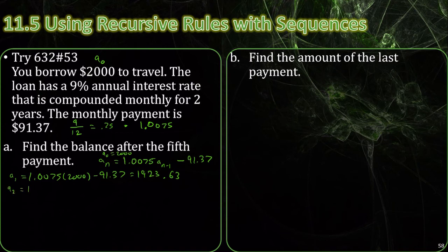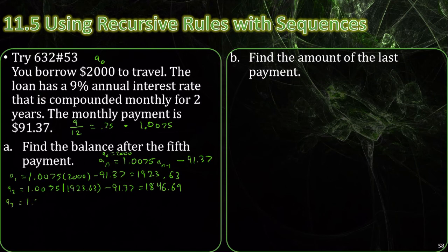A2, after the second month, they charge the interest again, but only on the amount that was left before, the $1923.63. And then you pay $91.37, which gives you $1846.69.